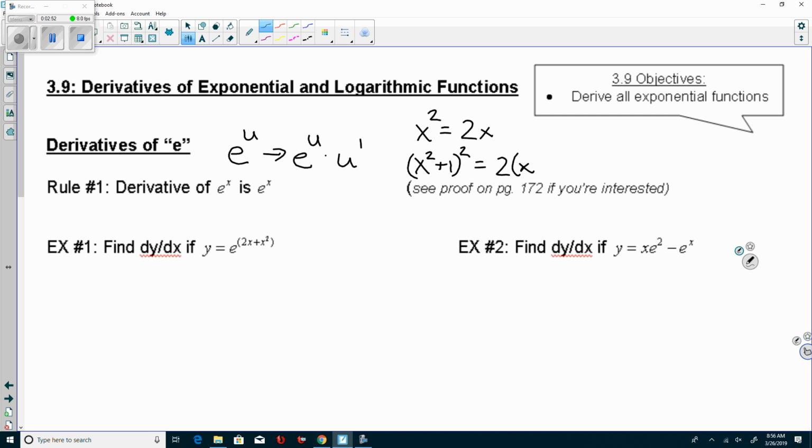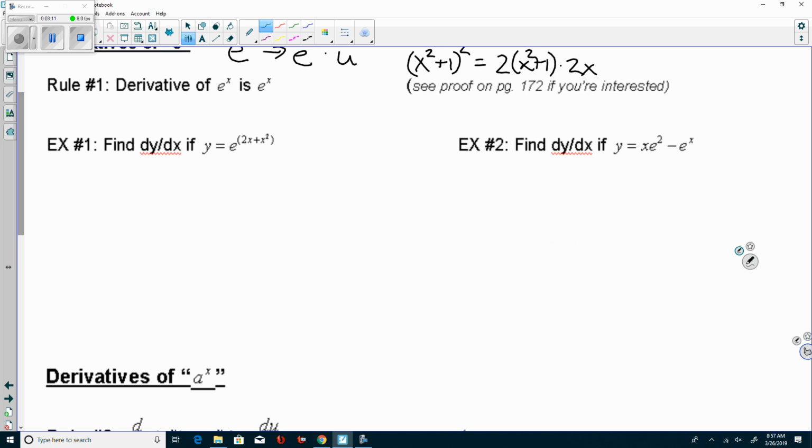That's 2 times x squared plus 1, and there's your 1 times 2x by your chain rule. So it's very similar to that. So if it's just a basic x, it's just e to the x, because then the derivative of x is 1.